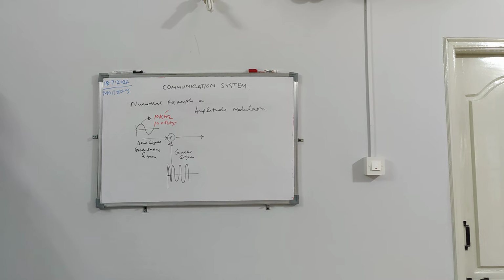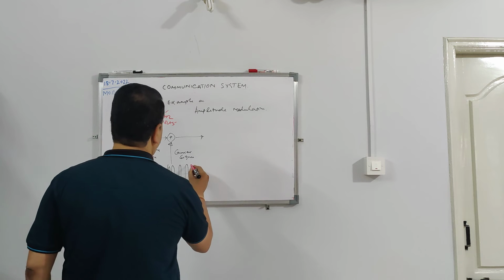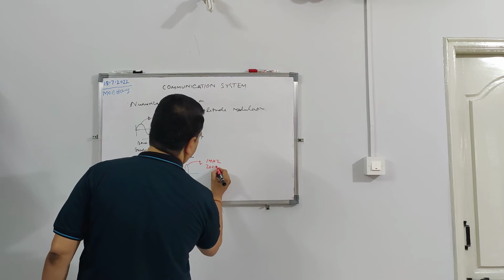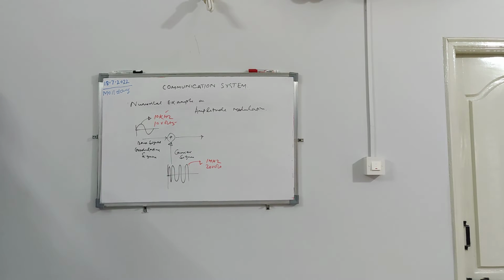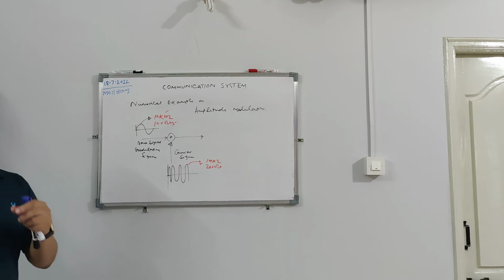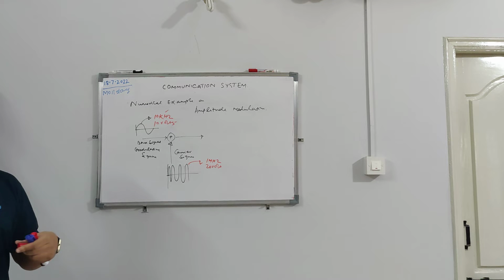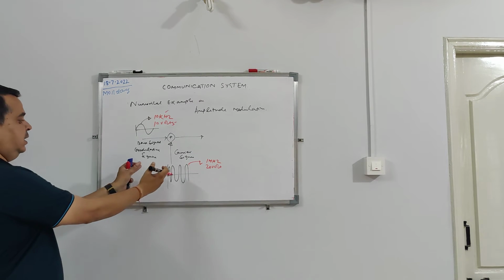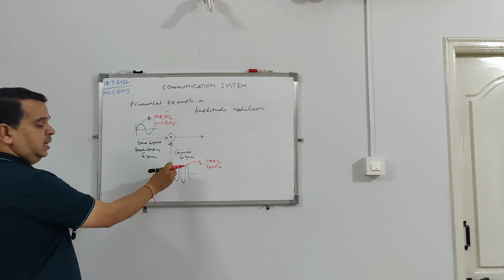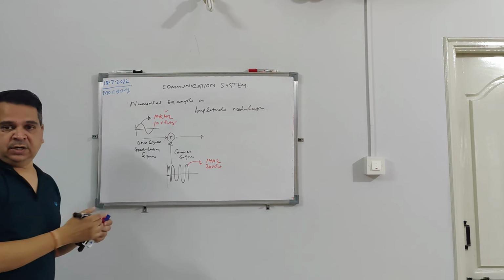And you have a carrier wave whose frequency is 1 megahertz and voltage is 20 volt. So this is your carrier wave. You can see why the frequency is high: frequency is the number of alternations in 1 second, and because there are so many alternations in a second, the number of alternations is very high.